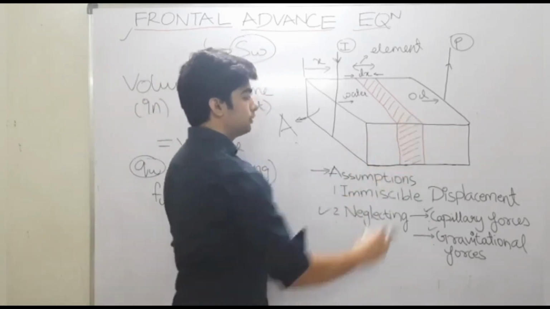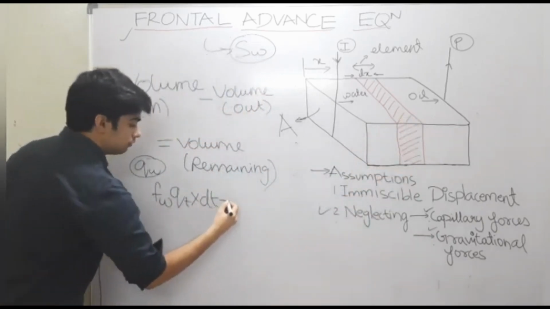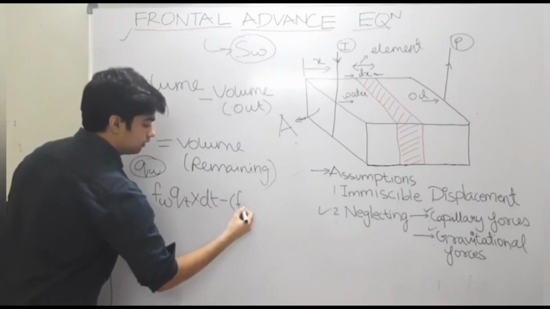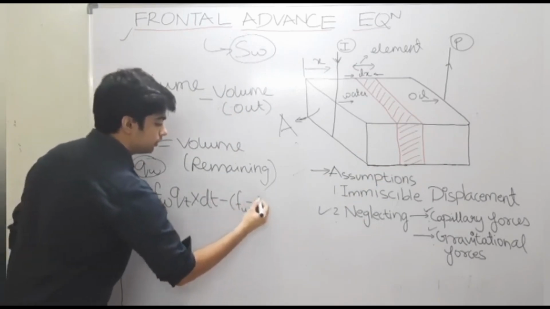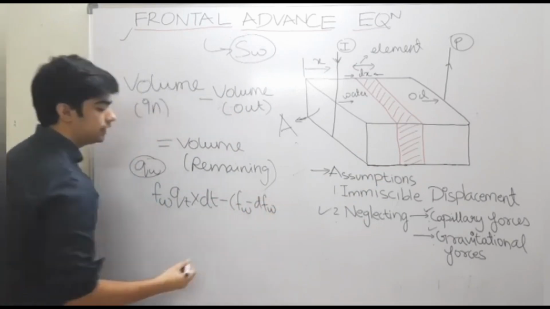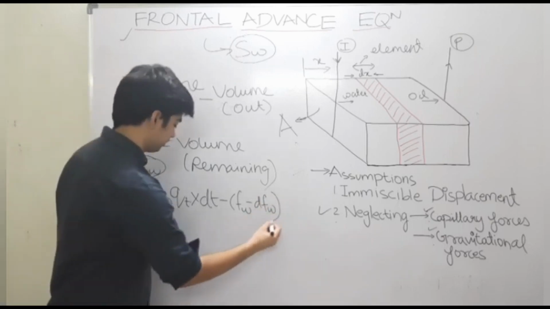because it is a very small part of the reservoir, minus, now since it is a very small part of the reservoir, there will be a very minute change in fractional flow rate.